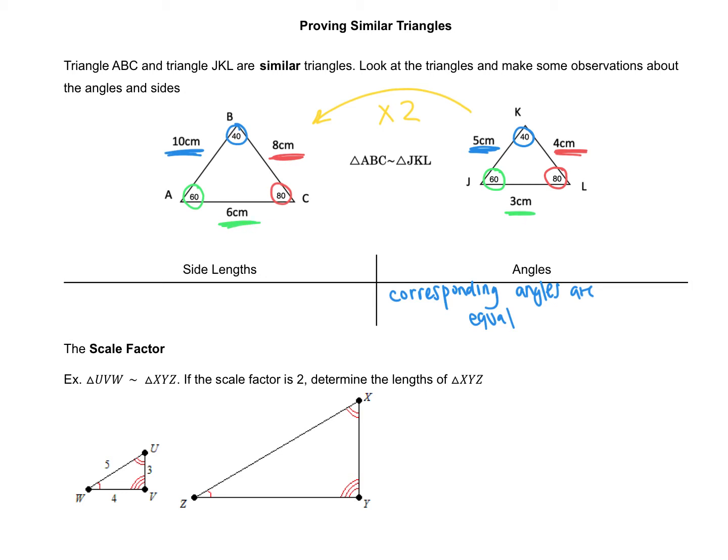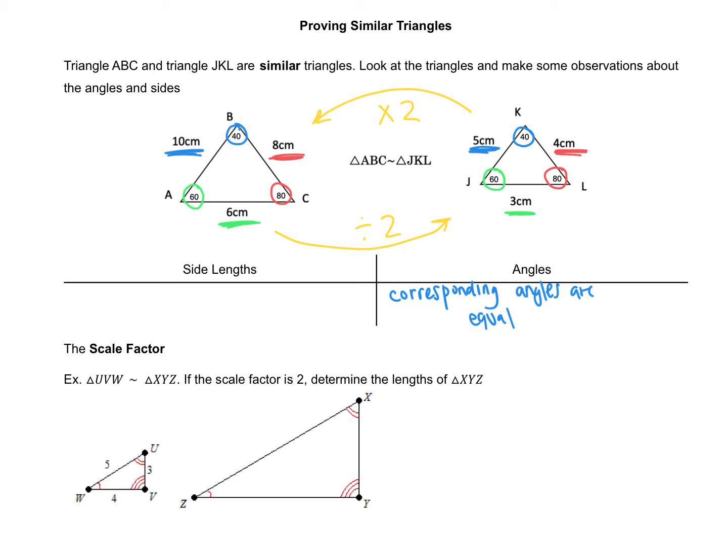We can also go in the other direction and cut the sides from ABC in half. So I could also divide by 2 to get to the smaller triangle. So it looks like there is a scale factor. If I multiply or divide one triangle by the scale factor, I will get the other side lengths.